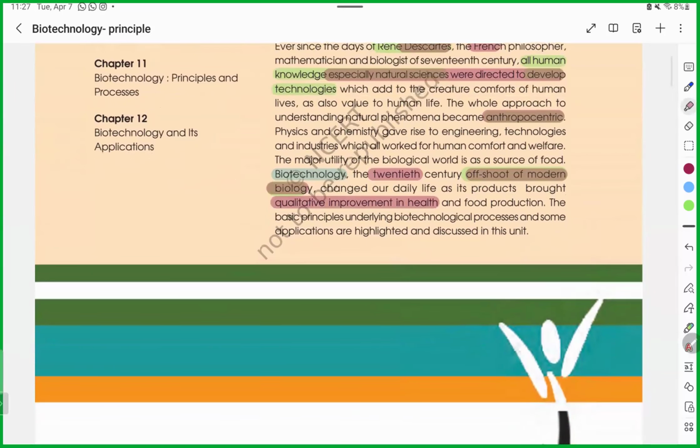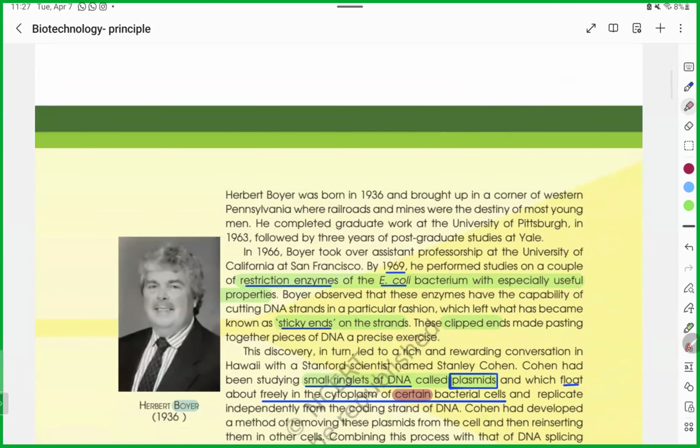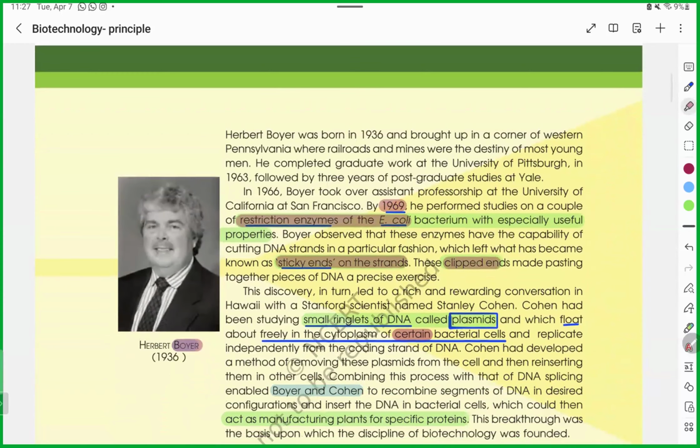Correct? Then Herbert Boyer, he obtained in 1969 restriction enzyme from E. coli bacteria. Correct? He used the sticky end of the strand, clipped and sticky end. Correct? And Cohen, he obtained a small ringlet of DNA known as plasmid.